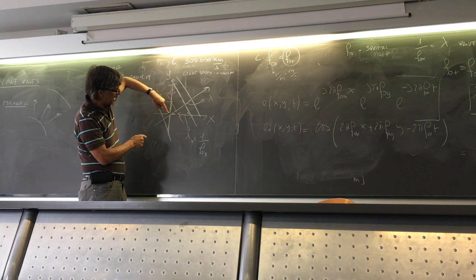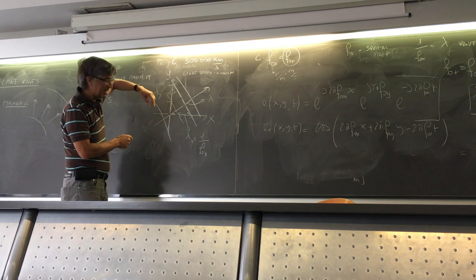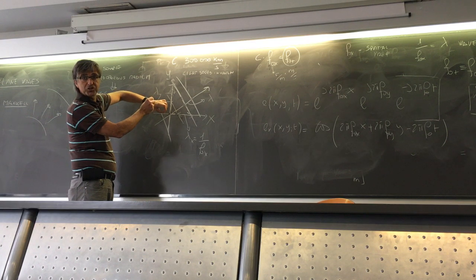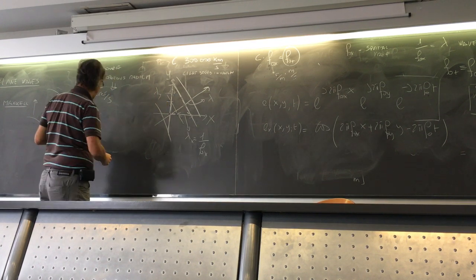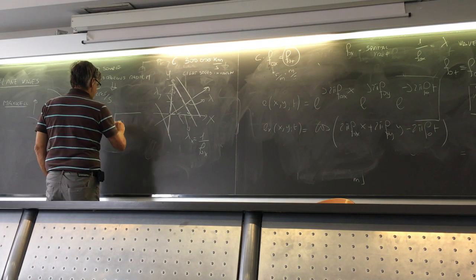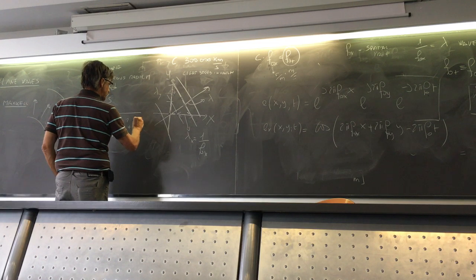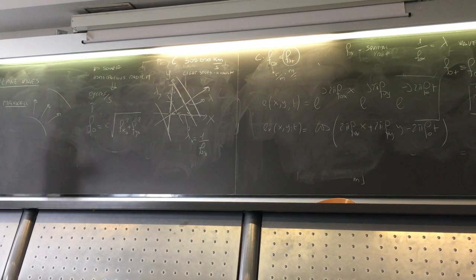So if you measure in time, you see the intensity of the field going up and down, up and down, up and down. And if you ask how many cycles I do, the cycles are ruled by this, c multiplied by the square root of f0 x squared plus f0 y squared. Okay, that is a very simple equation.